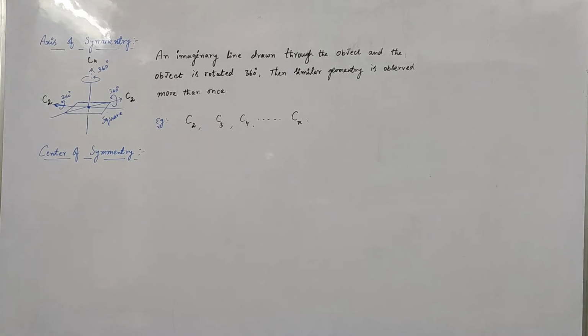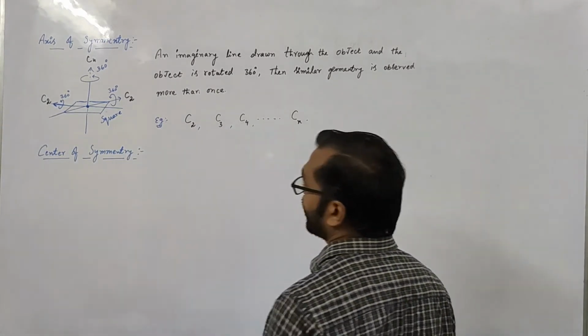Center of symmetry: an imaginary point in a crystal such that any line drawn through it intersects similar surfaces at equal distances in opposite directions.